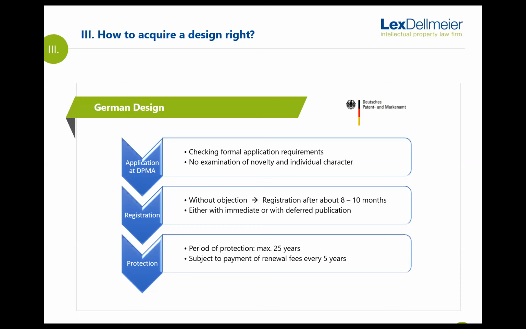Have you given a Locarno Classification, meaning have you told the office in which product category your design falls, your product? They also check if your design is at all eligible for design registration. That's not the case for mere ideas.